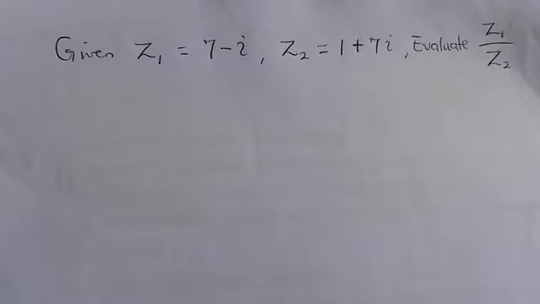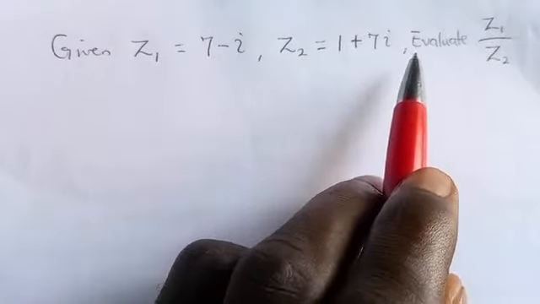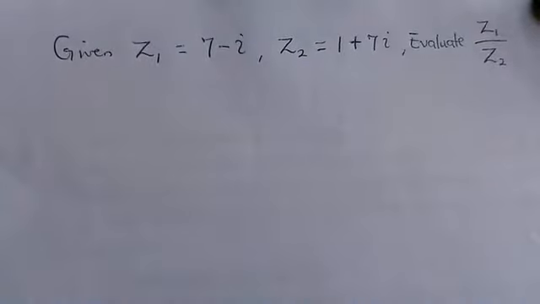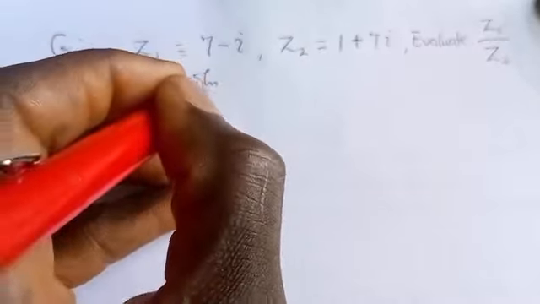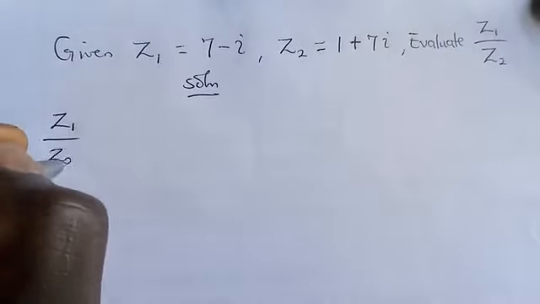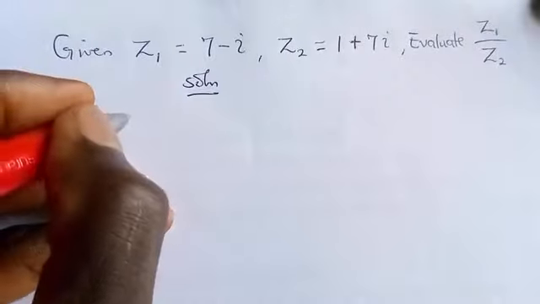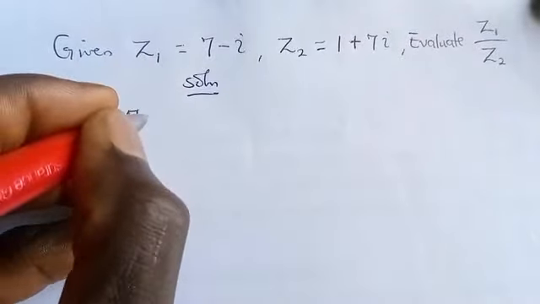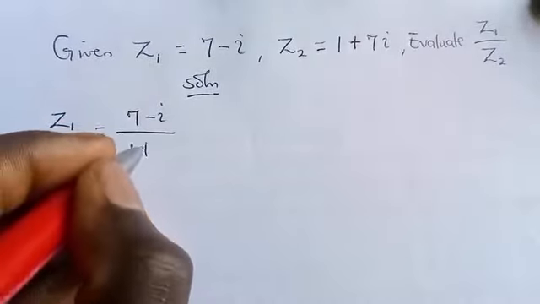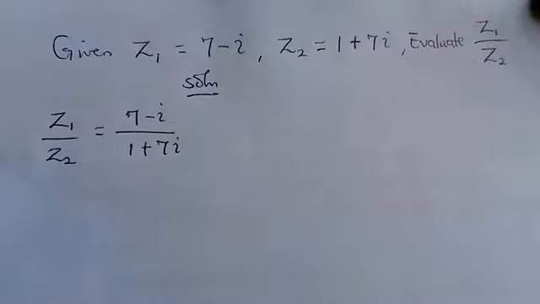The second question here says, given z1 equal to 7 minus i and z2 equal to 1 plus 7i, evaluate z1 over z2. z1 over z2 is equal to, as z1 was given as 7 minus i, while z2 was given as 1 plus 7i.